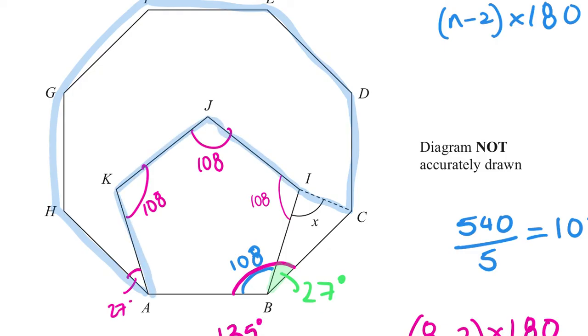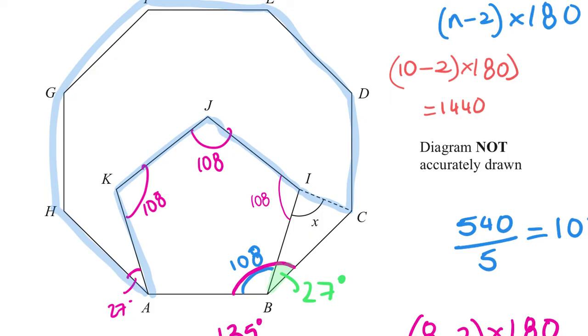It's a 10-sided shape, this blue shape. How many angles in a 10-sided shape? Yeah, 10 minus 2 times 180. What do we get? 1440. Okay, this is what all the angles need to add up to.